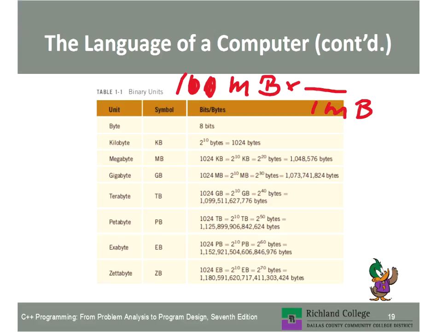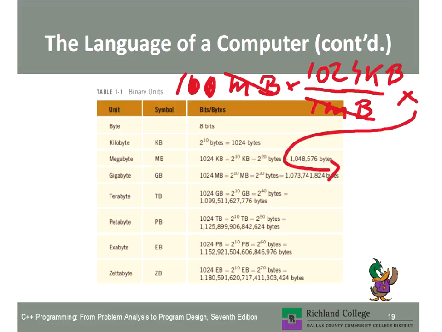So 1 megabyte is 1024 kilobytes. 1024 kilobytes. Okay, so we can simplify the megabytes. So that means that's going to give us the answer in kilobytes. So how do we go from kilobytes to bytes? Well, that's another multiplication.